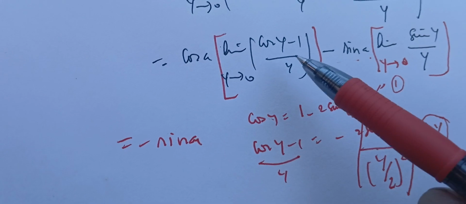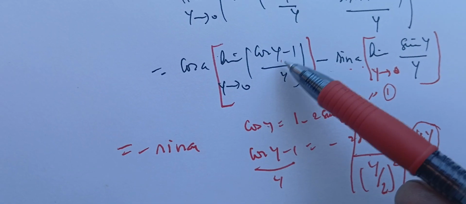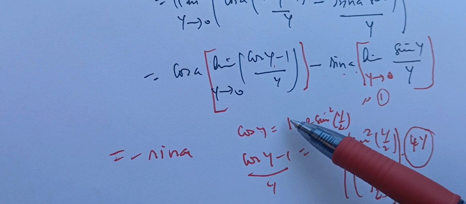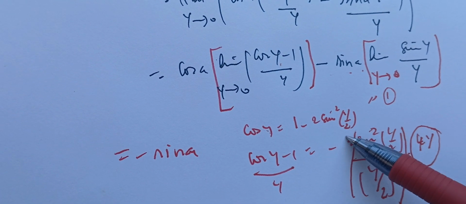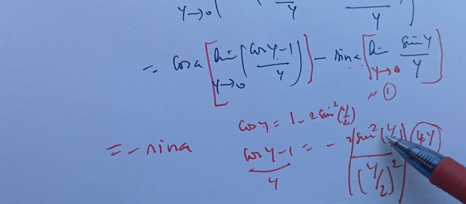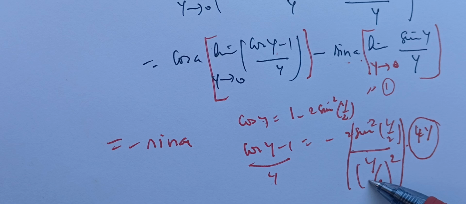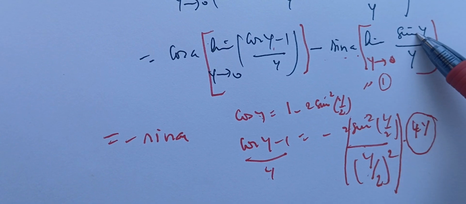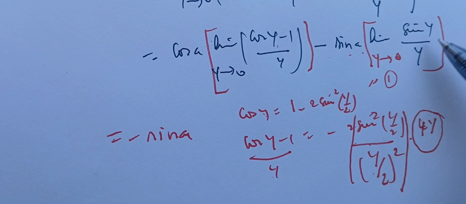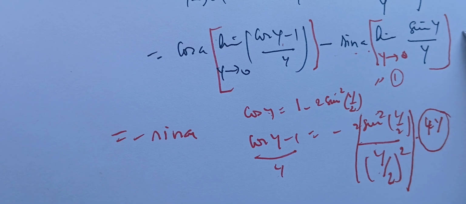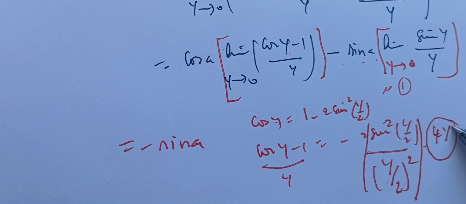Just note the change here. How did we get this limit? By writing cosine y as 1 minus 2 sine squared of y over 2 and dividing by y, we had to make this look like the sine limit, but squared, because this squared is the same as sine of y over y times sine of y over y, which is 1 times 1, and the other factor is 0.